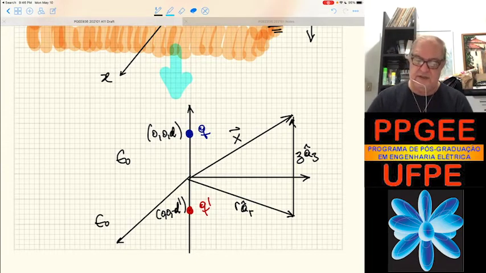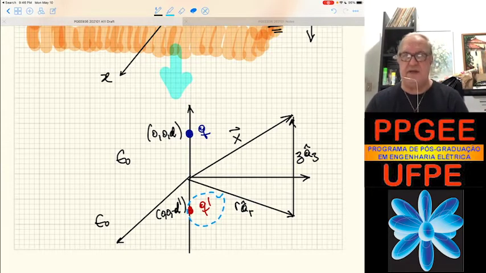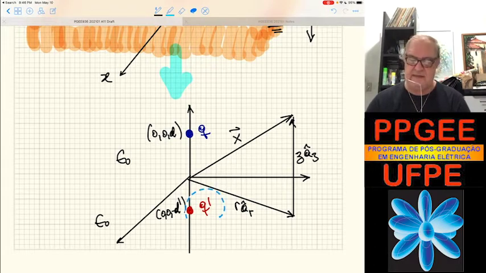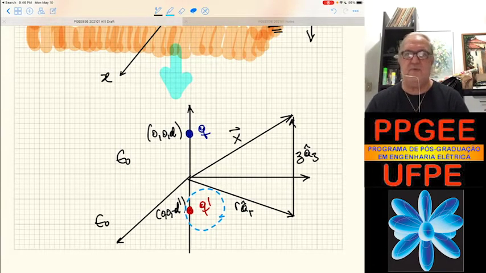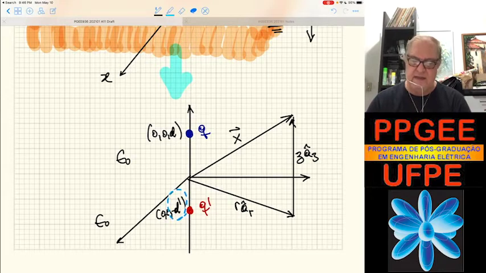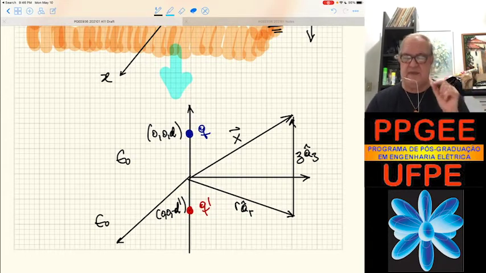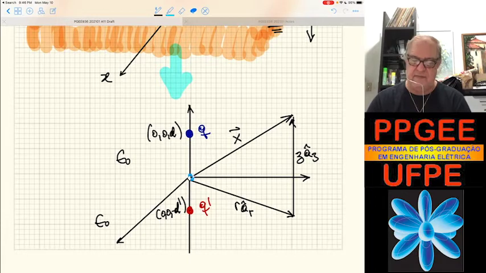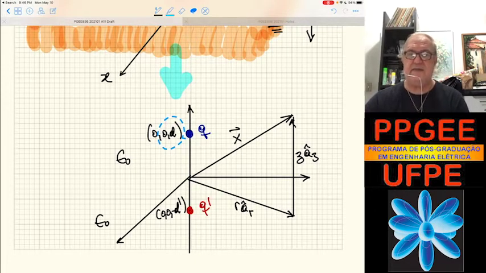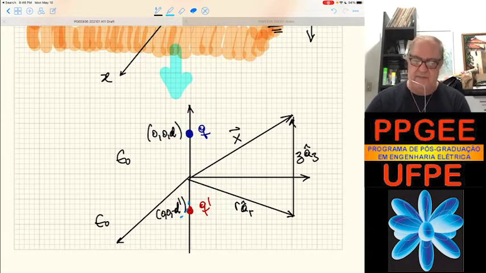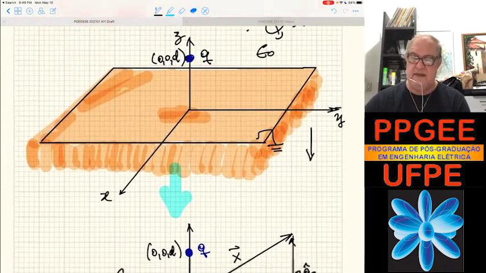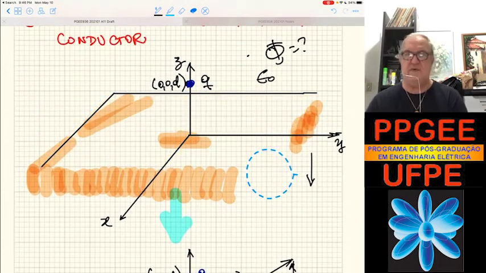We are going to include this charge. To be very general, let's assume that the charge has a value q prime and a location which is minus d prime. So the distance of the image charge to the origin equals minus d prime. The original charge has a distance d. Now the question is this: how do we choose q prime and d prime so that the potential on z equals 0 is 0, right?